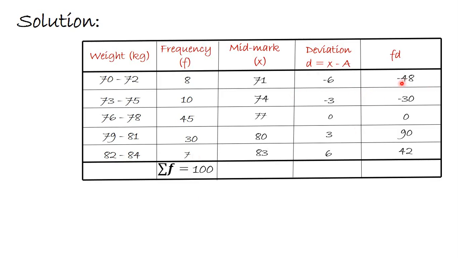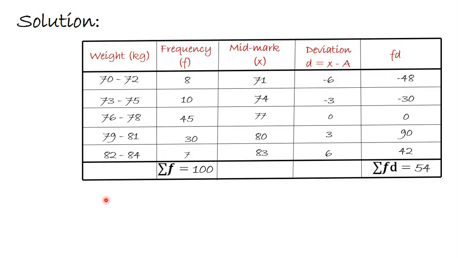Then let's also get the summation of fd. Negative 48 plus negative 30 plus 0 plus 90 plus 42, and that gives us 54. So the summation of fd is equal to 54, and the summation of f is 100.